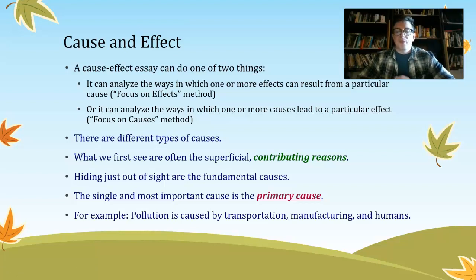So your essay is about pollution, but you're focusing on these three causes of the effect of pollution. One whole paragraph would be about how transportation causes pollution. And then one whole paragraph on manufacturing, how it causes pollution. And one whole paragraph on humans. So three causes of the effect of pollution.